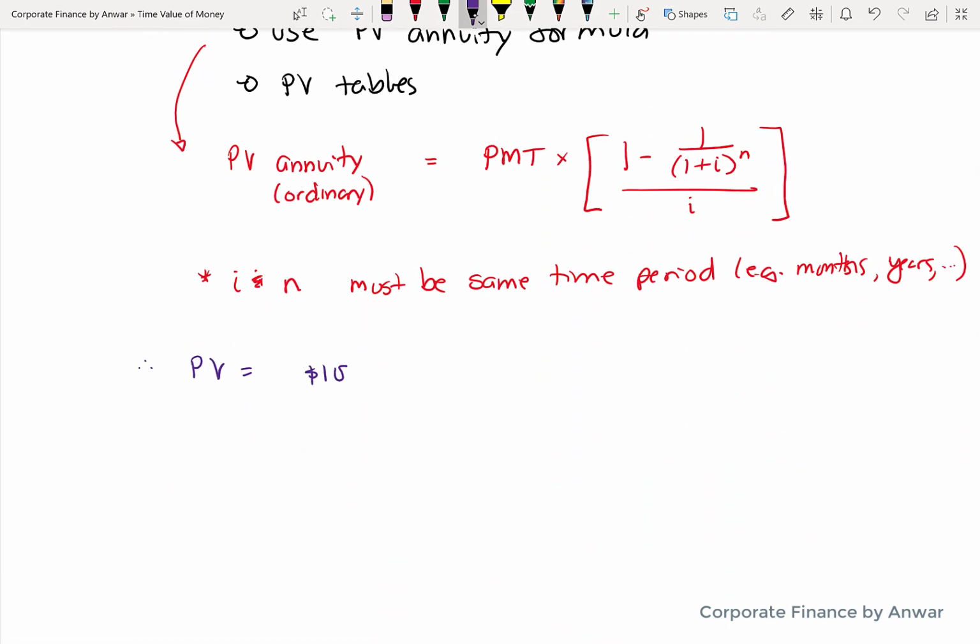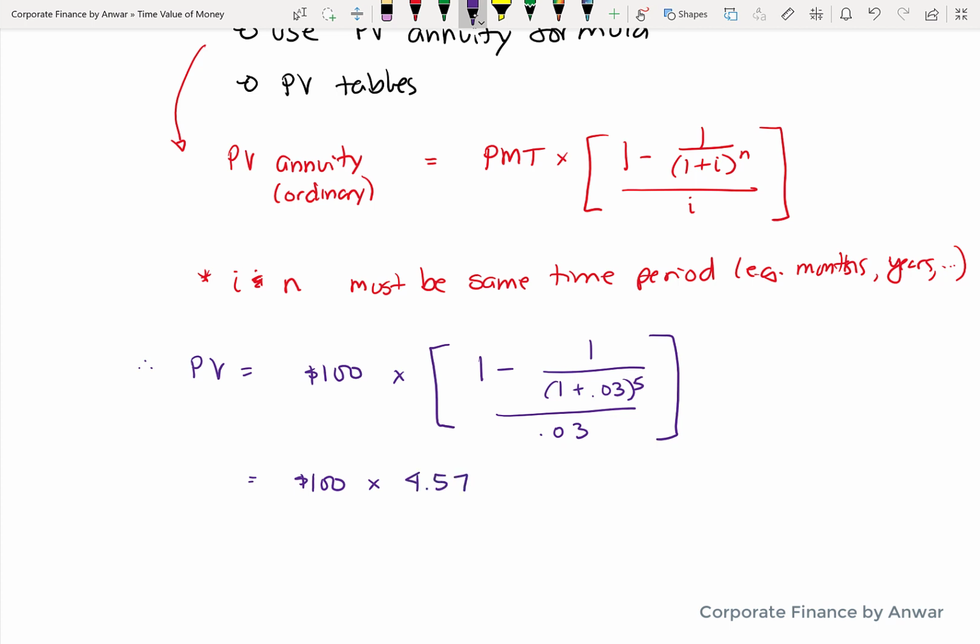So if we plug that in, the present value is equal to the payment of 100 times 1 minus 1 over 1 plus 0.03, which is the inflation rate per year, to the exponent of the number of years, which is 5, divided by the inflation rate, which is 0.03. That is pretty much it. It's a bit longer formula, but you just solve for that and you'd get the present value of that annuity stream.